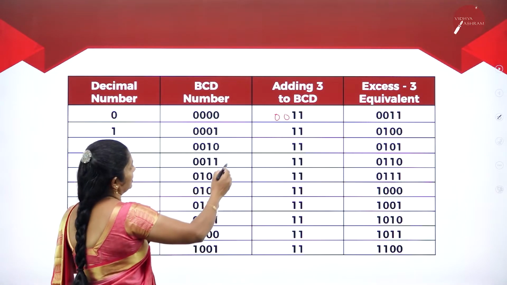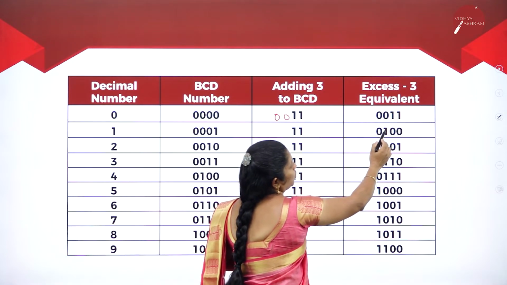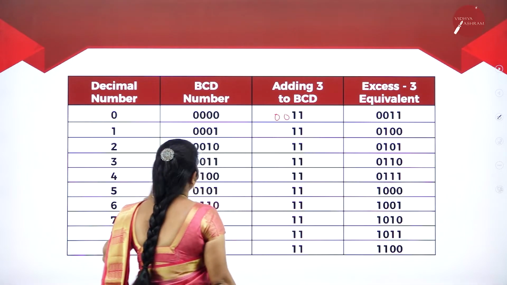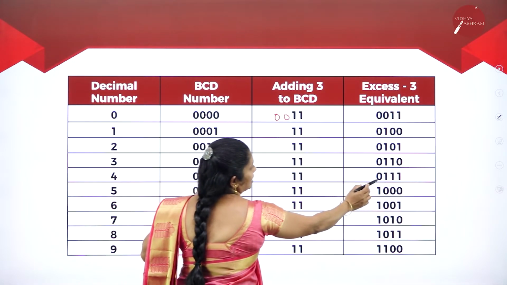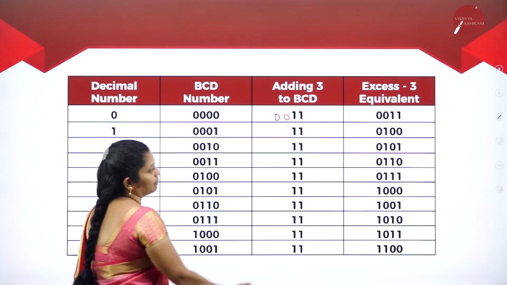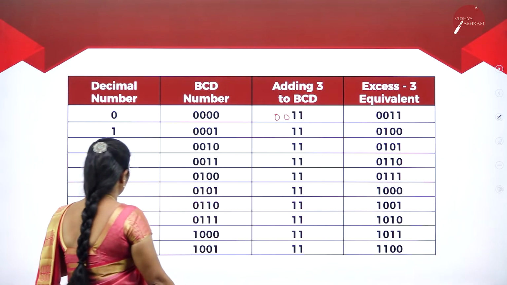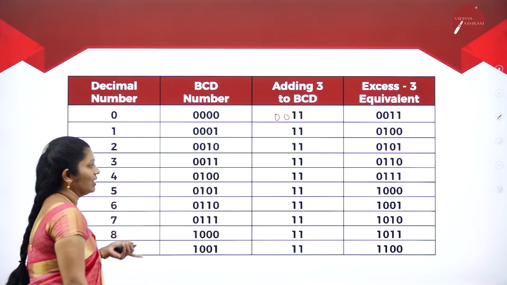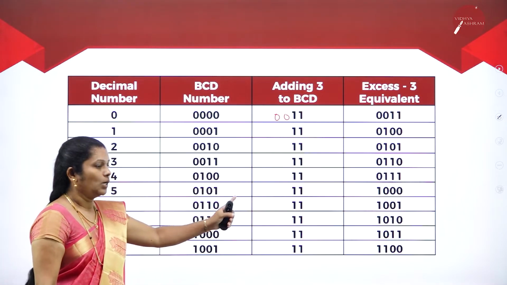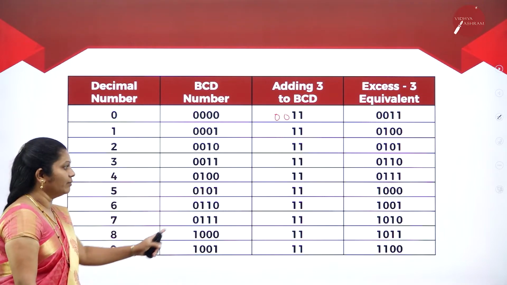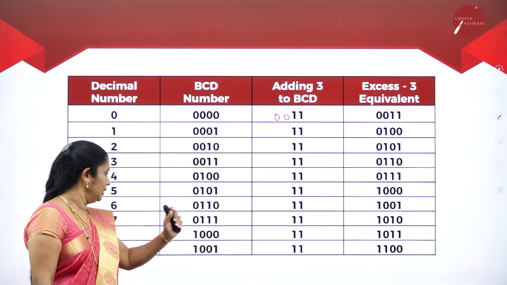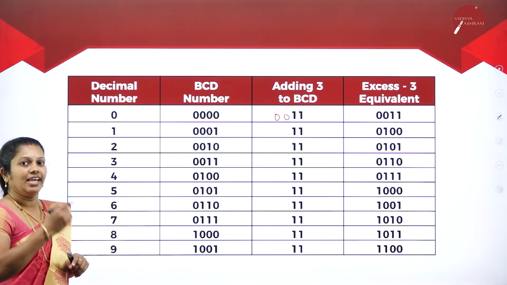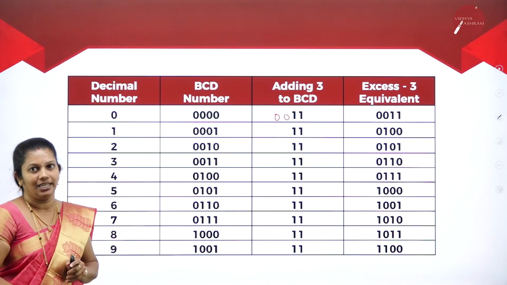Then 1 can be represented as 0100. 2 can be represented as 0101. 4 can be represented as 0111. 5 can be represented as 1000. 6 can be represented as 1001. In the same way, 7 can be represented as 1010. 8 can be represented as 1011. And 9 can be represented as 1100. It means that each and every digit is increased by 3 here.